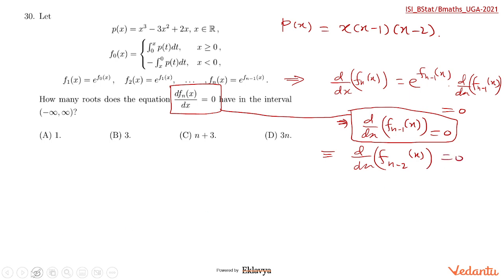ठीक है. तो फाइनली रिड्यूस होता हुआ कहाँ तक जाएगा ये. So finding the roots of derivative of fnx same as the roots of derivative of fn minus 1x, fn minus 2x, and so on and so on. So this is same as checking the derivative of f naught x equal to 0.